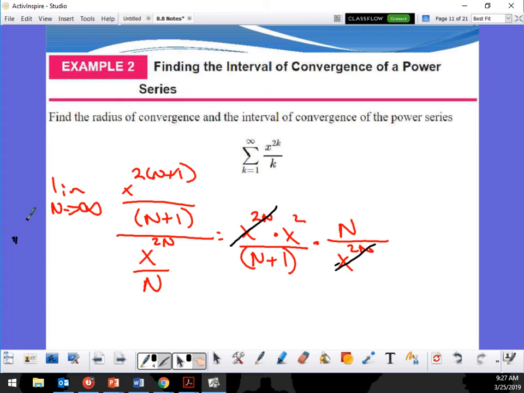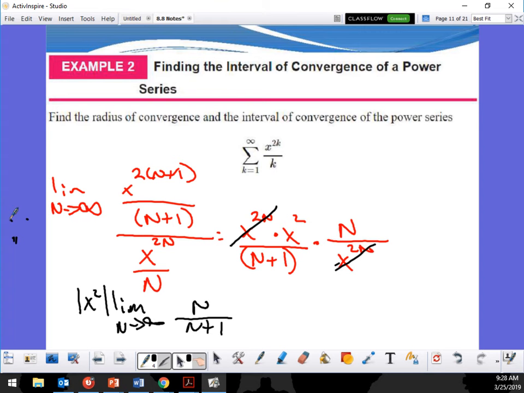So now, look at that. Absolute value of x squared, times the limit as n goes to infinity of n over n plus 1. As n goes to infinity, what do I get? 1. So that's equal to 1. So think about my values of x.